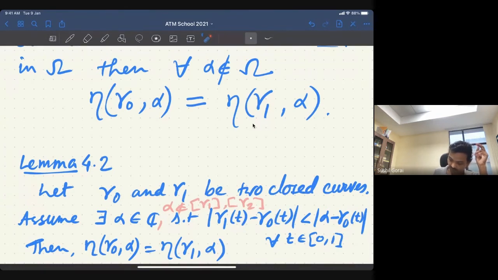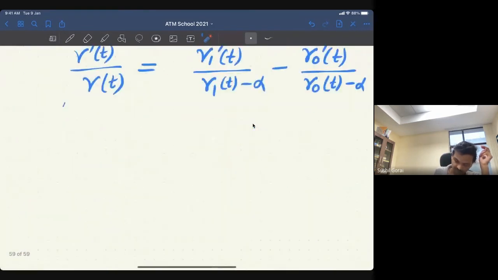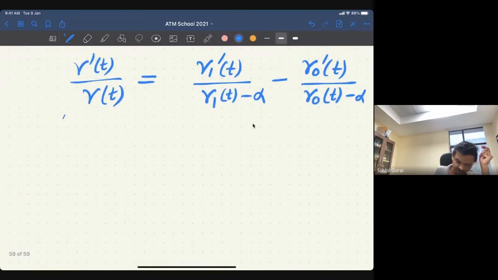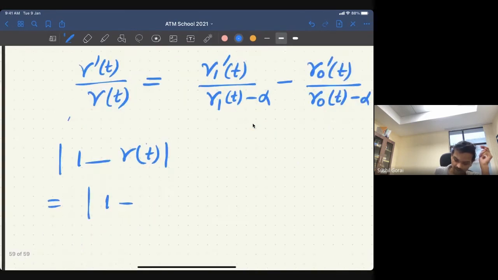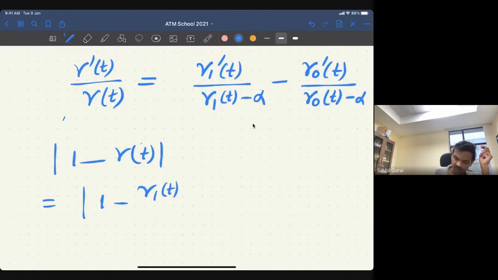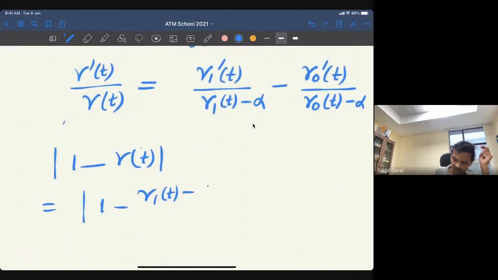So, gamma t, or let's write it, 1 minus gamma t, which is nothing but 1 minus gamma 1 t minus alpha by gamma naught t minus alpha.